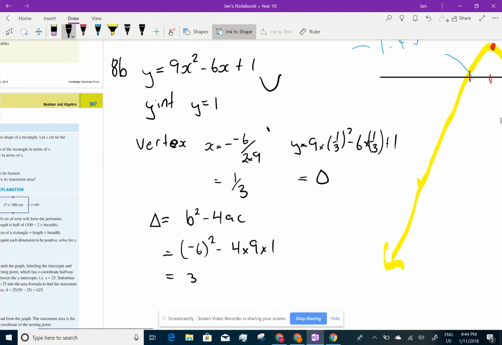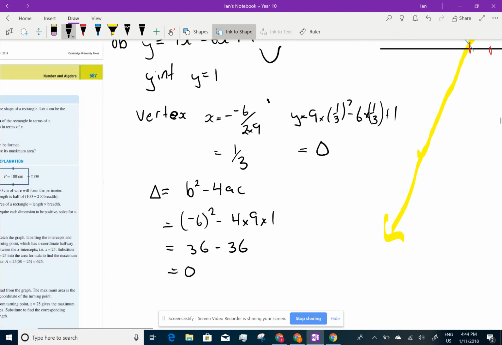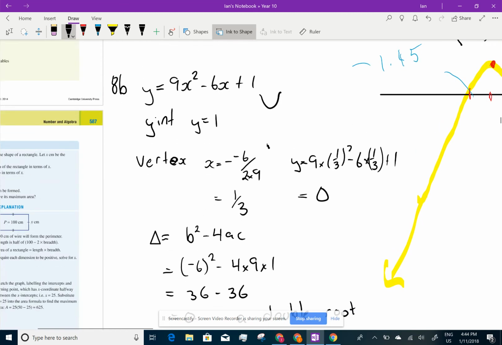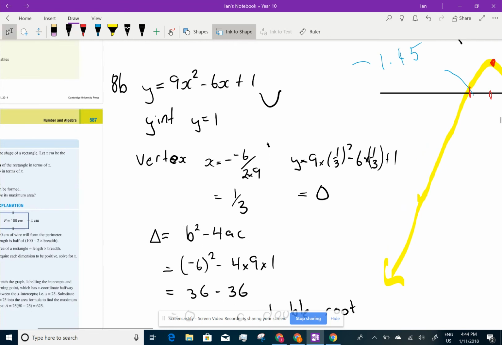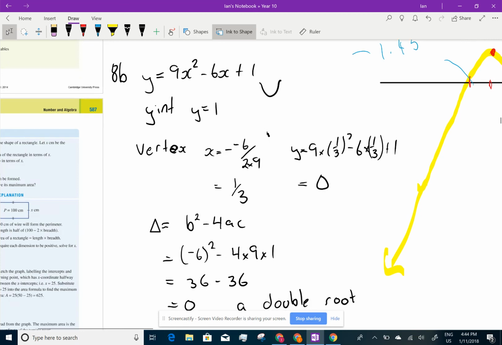Well, that's 36 minus 36. That's 0. So a double root, and we already have it because we found the vertex. So if you do this method, you'll find out whether or not it has roots or no roots really quickly when you find the vertex.